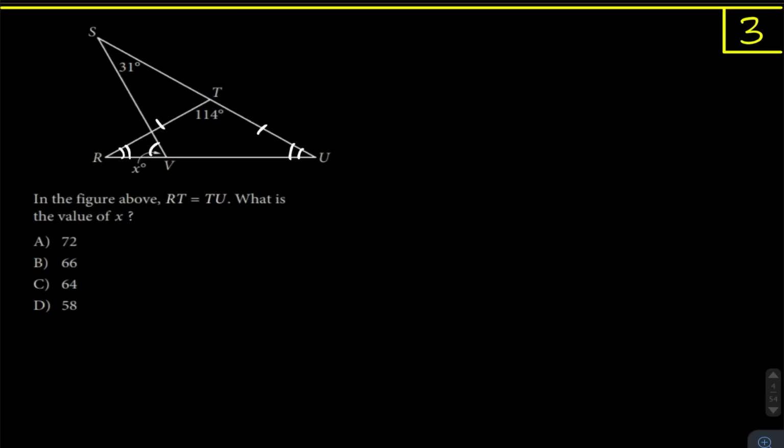Why does that help us? Well, now we can find out what this angle is and this angle is, and maybe that's going to help us find this angle, right? And that is useful for us. So what I'm going to do is I'm just going to say, okay, well, let's call this angle y, okay?